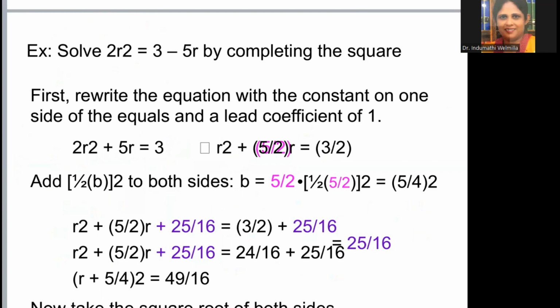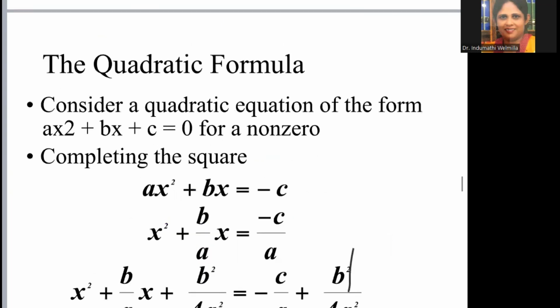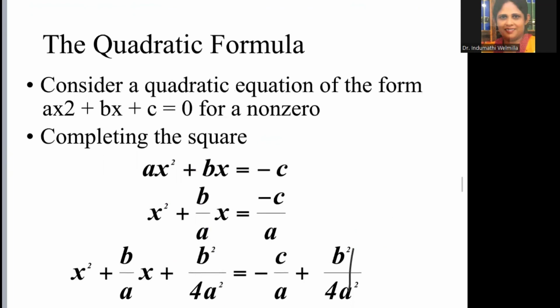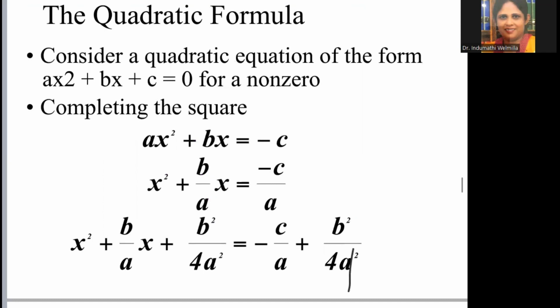Finally, there is one more method, right? We can apply to find out the values for the unknown variable of a quadratic equation.